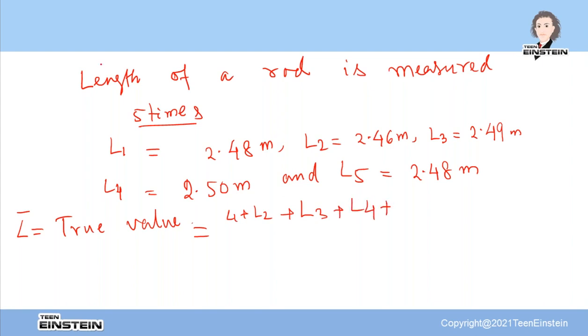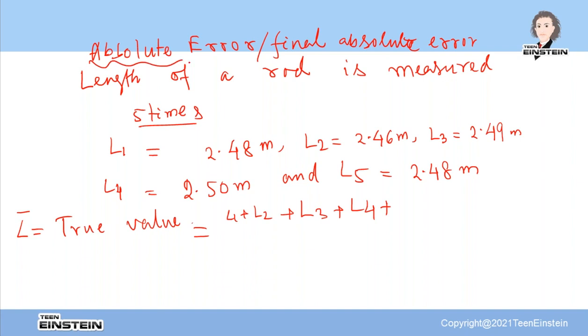They will ask you what is the absolute error, what is the true value. We are just calculating what is called the absolute error, or final absolute error. This is what we are calculating now.